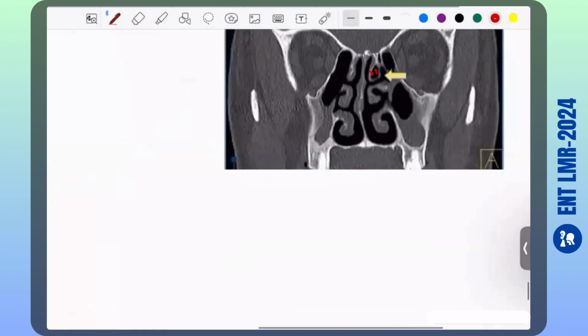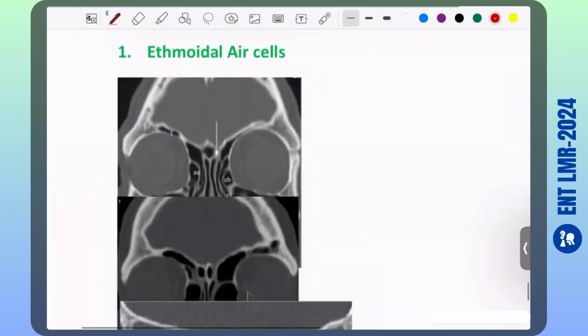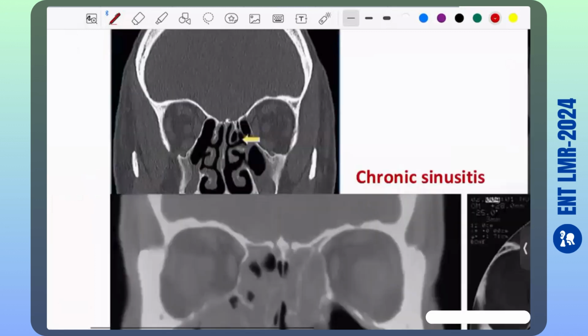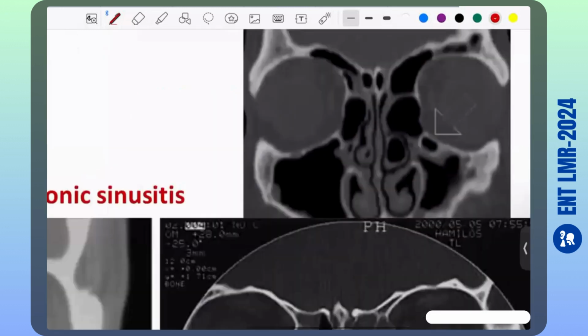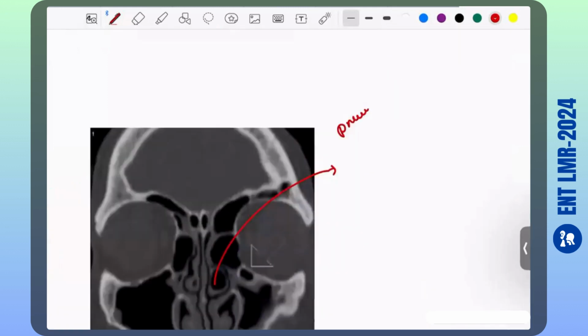The superior turbinate is pneumatized. Now it is called as pneumatized superior turbinate. A pneumatized middle turbinate is concha bullosa. So inferior turbinate will not go for pneumatization.